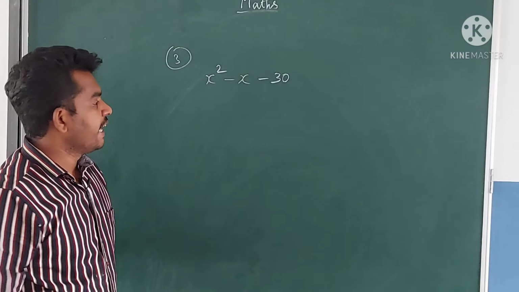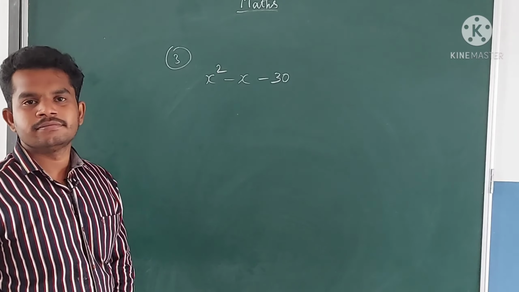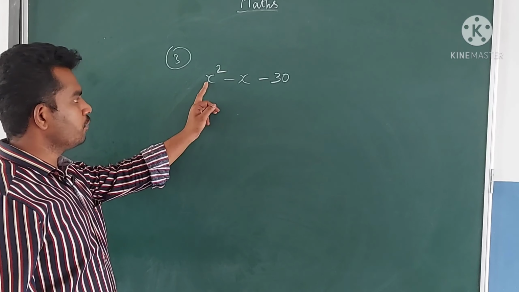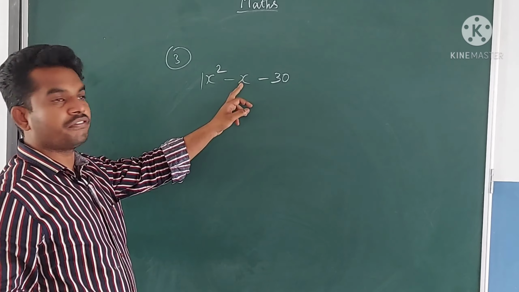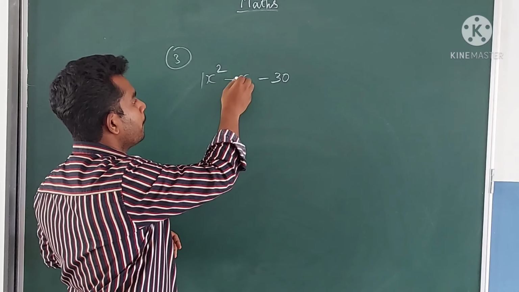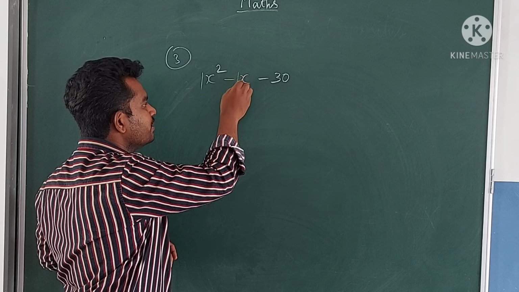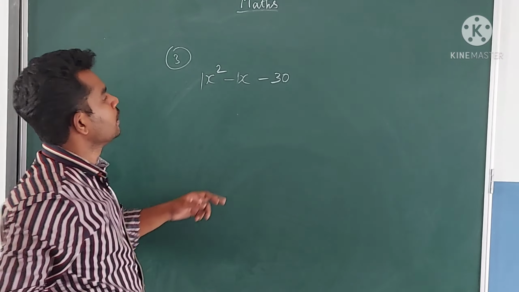Third sum, x square minus x minus 30. What is the coefficient of x square? 1. What is the coefficient of x? Minus 1. The coefficient of x is minus 1. So the sign is also part of the coefficient. Okay.